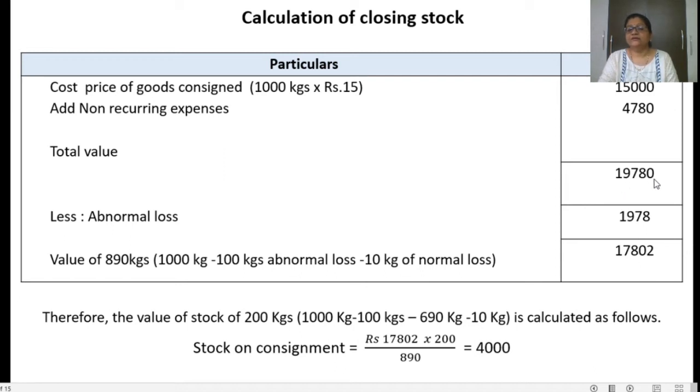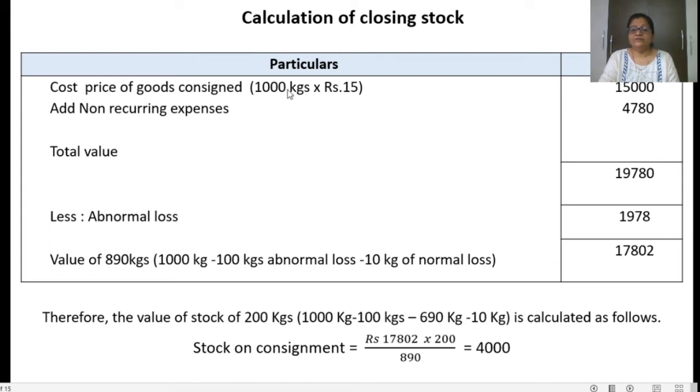From this 19,780, the abnormal loss as calculated, that is 1,978, is to be deducted. Once you deduct this from the total value, you will get the value of stock to be sold, that is 17,802. Now let us see for how many kgs this value is applicable.